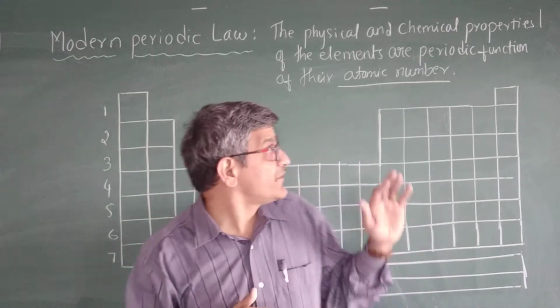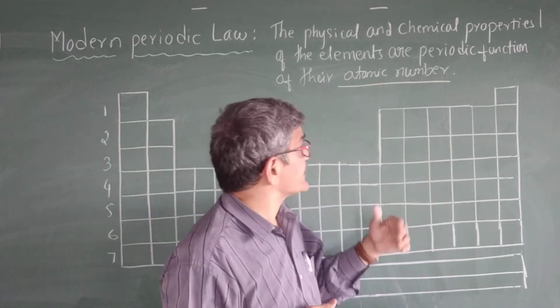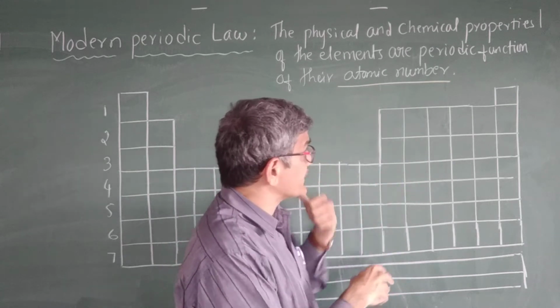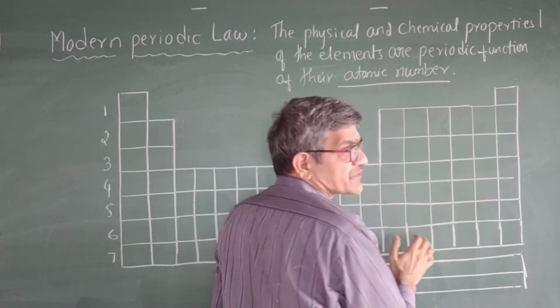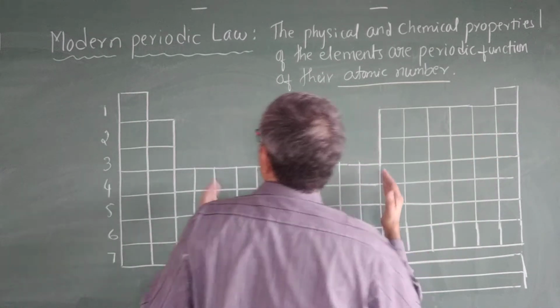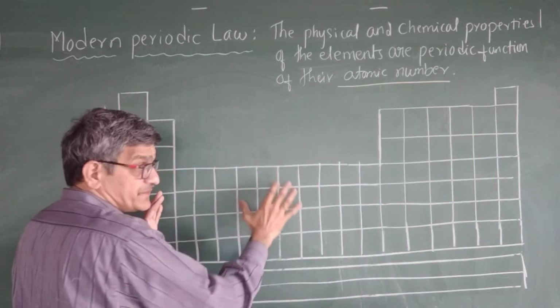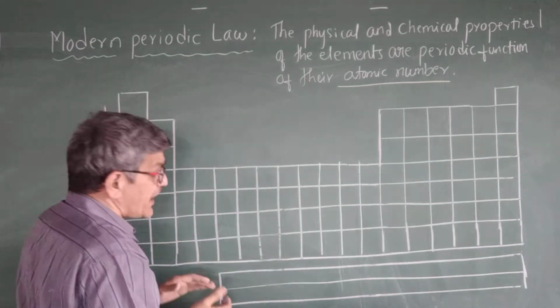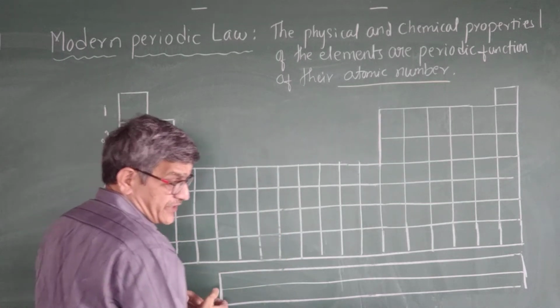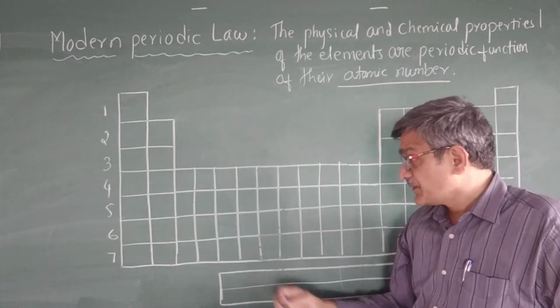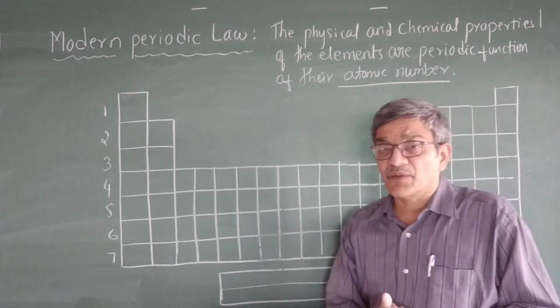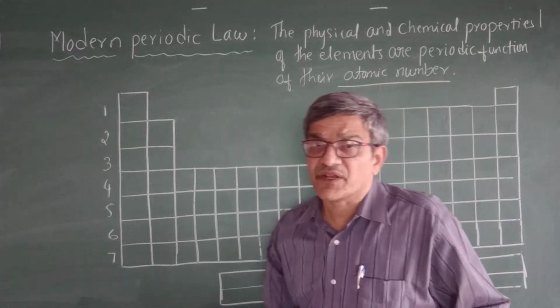Then on the right side there are 6 groups: 1, 2, 3, 4, 5, 6. In between these two there are 10, and below there are two more rows. Like this he made groups and periods.